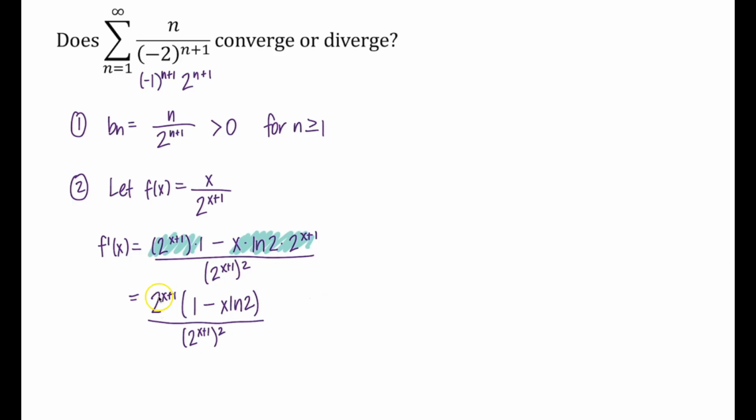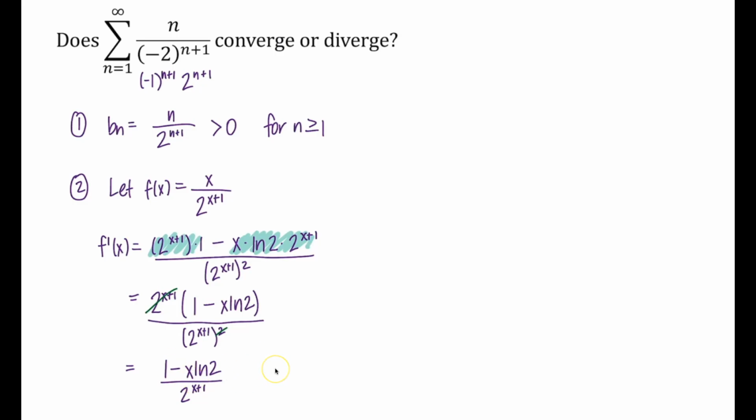Since we factored out 2 to the x plus 1 and now it's a factor, I can cancel it with one of the copies in the denominator. So what I have left is 1 minus x natural log 2 over 2 to the x plus 1. The denominator is an exponential, so that's always positive. So we're trying to show that this is eventually negative.